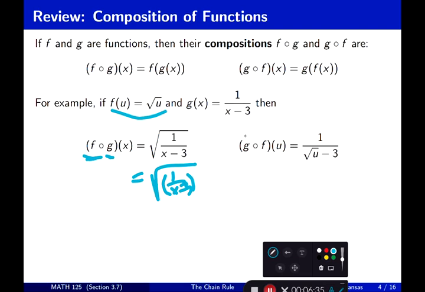How about now g of f of u? Now, the outside function is 1 over big parentheses minus 3, instead of the input variable. 1 over x minus 3 becomes 1 over big parentheses minus 3. Now plug in the inside function, which is f in here, square root of u, and you get 1 over square root of u minus 3.